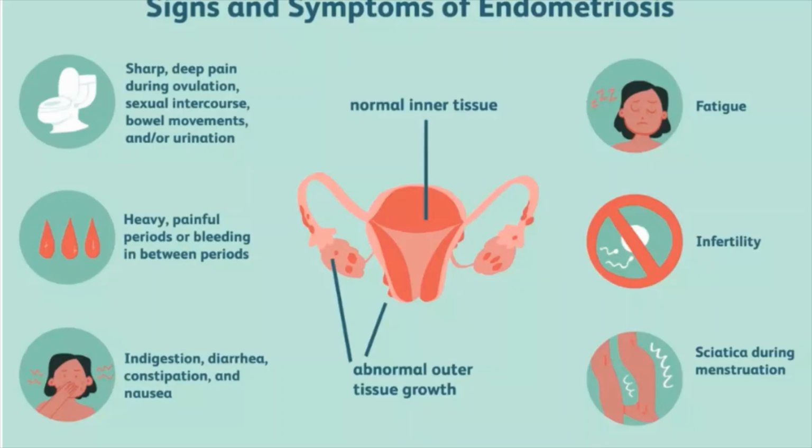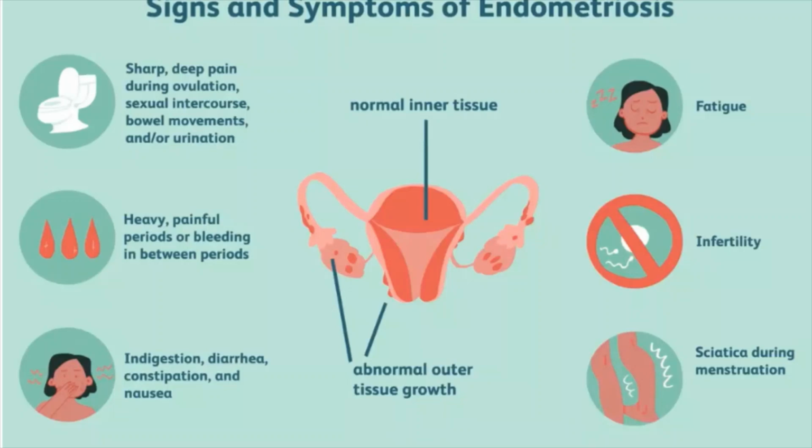There are some other signs and symptoms. You may experience fatigue, diarrhea, constipation, bloating, or nausea, especially during menstrual periods. The severity of your pain is not necessarily a reliable indicator of the extent of the condition. You could have mild endometriosis with severe pain, or you could have advanced endometriosis with little or no pain.